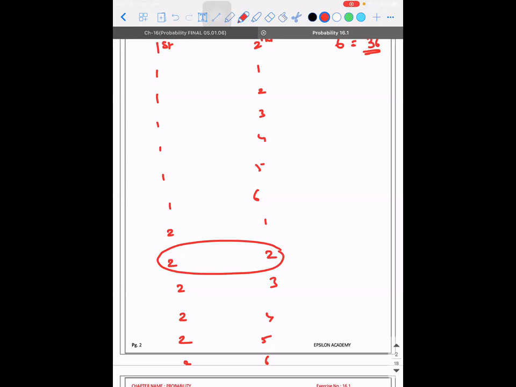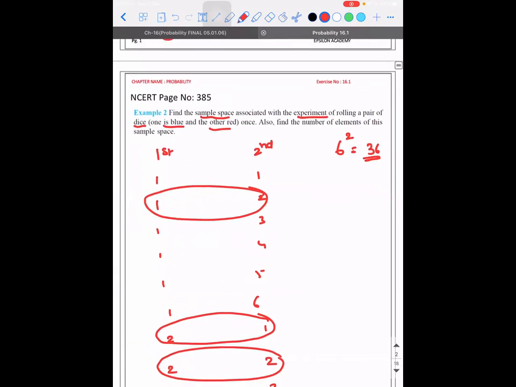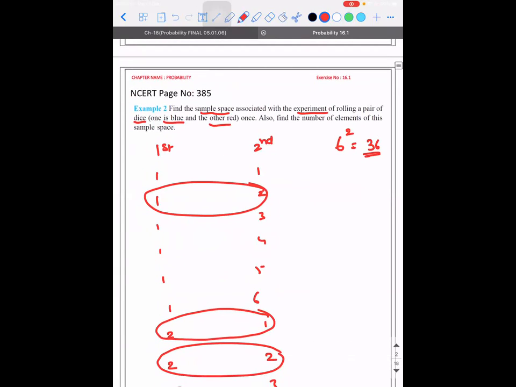Here you have 2, 1. Here you have 1, 2. Do they both mean the same? No, sir. Why? Because one is blue and the other is red, so they're different. That's right.